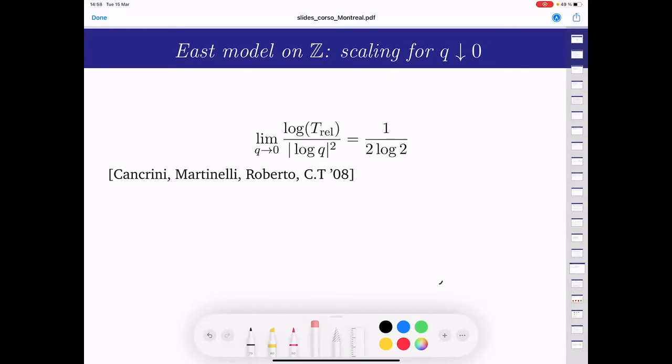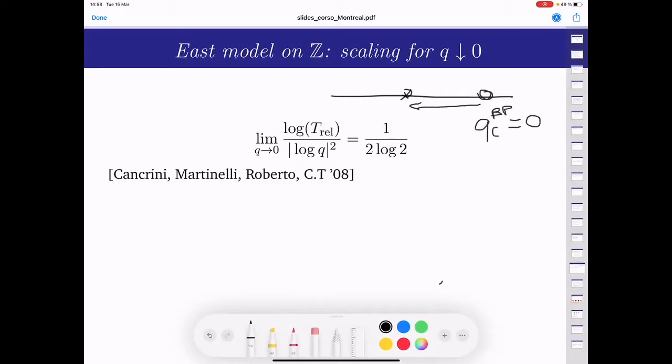Why? Because if I'm on Z, sitting somewhere, in order to be empty I just simply have to have another empty site on my right, and starting from that, I can empty everything until reaching that site. So as long as I have an empty site somewhere to my right, I will be able to empty myself. So the critical density, Q_c for bootstrap percolation for the East model, is 0.